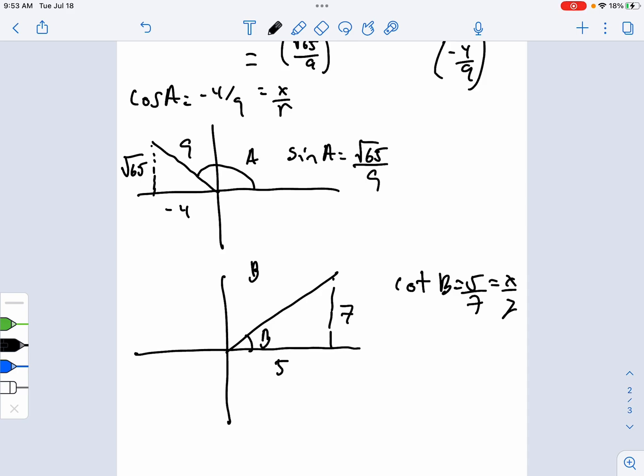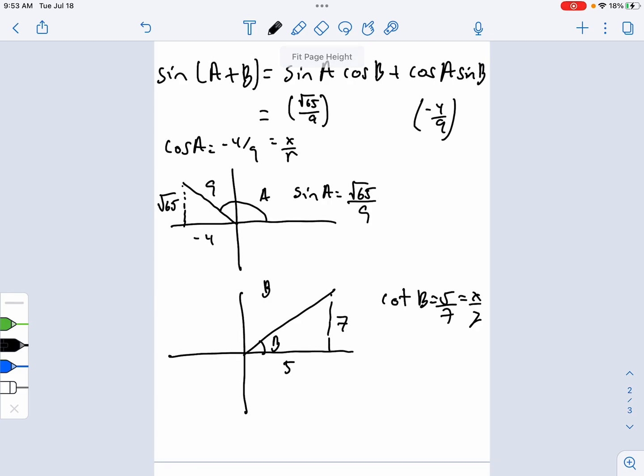To find the sine of B and the cosine of B, I need to find r. 7 squared is 49, 5 squared is 25, so r squared would be 74.